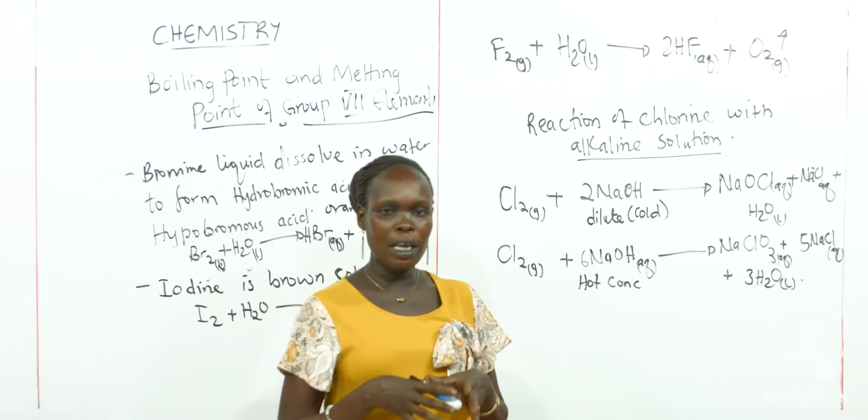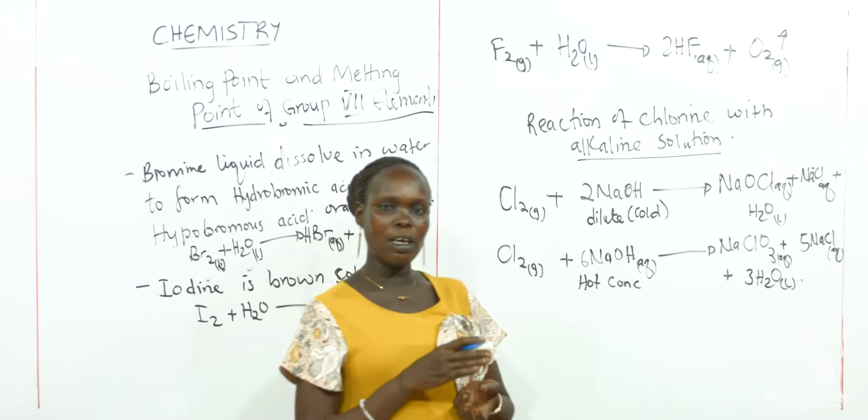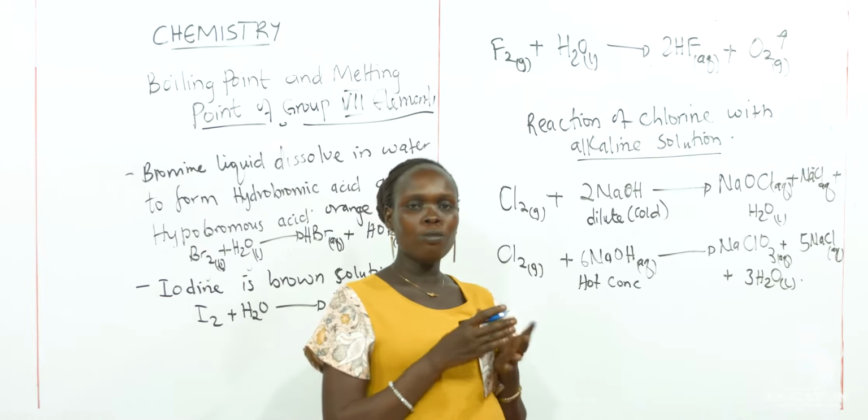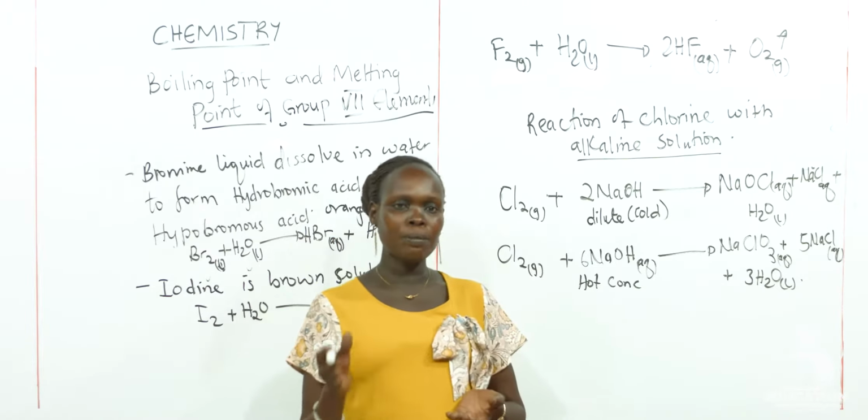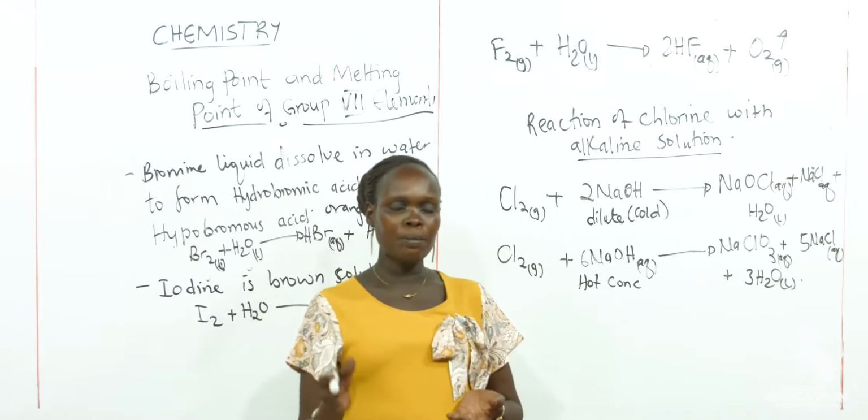The same thing with chlorine: when you add a single electron, it will turn from a chlorine atom to a chloride ion. The same thing with bromine and iodine. So they will have 8 electrons in the outermost shell, and we consider them as having a complete outermost shell.